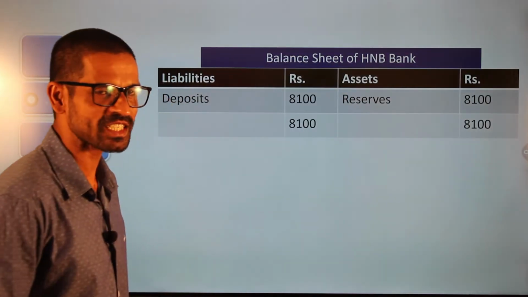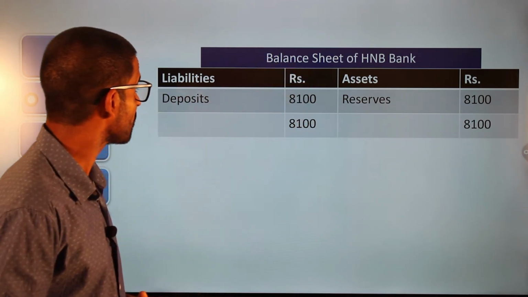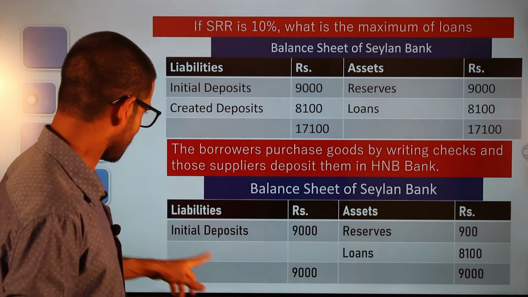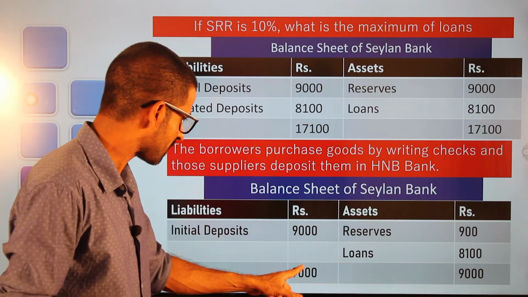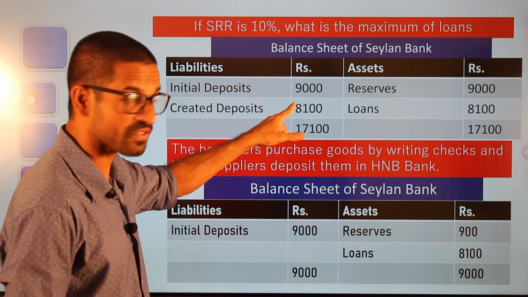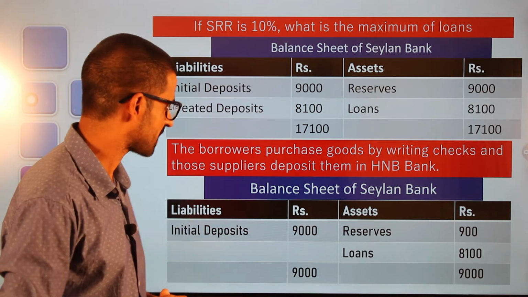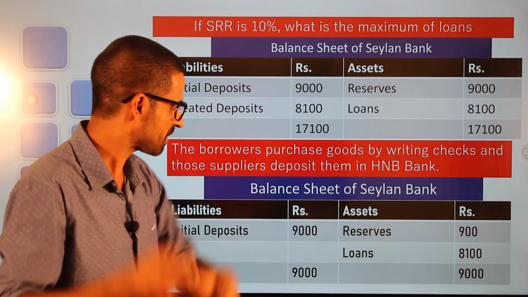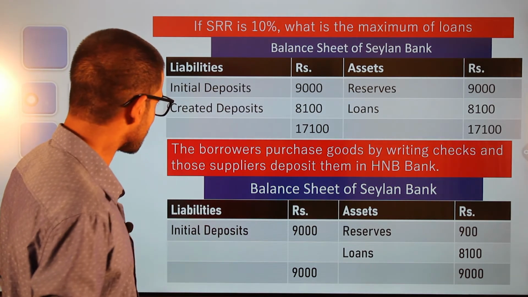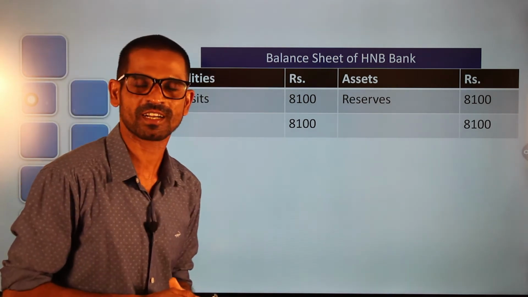So what will happen in the balance sheet of HNB? That deposit of 8,100 will come to HNB, right? And in the balance sheet of Ceylon Bank, this 8,100 will be reduced. It will disappear whenever those customers write checks, and it will go to HNB. Then HNB deposits will increase by 8,100.